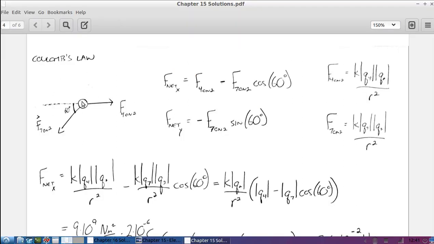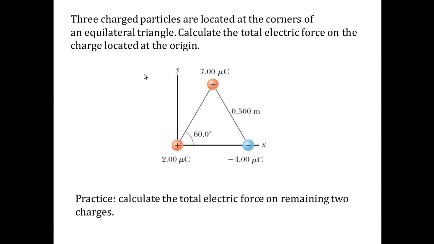So this is my 2 microcoulomb charge, and the force by the 7 microcoulomb charge on the 2 microcoulomb charge is in that direction. It's a repulsive force. These are like charges, so the 7 microcoulomb charge is going to apply a force that way, kind of like the third quadrant, right?